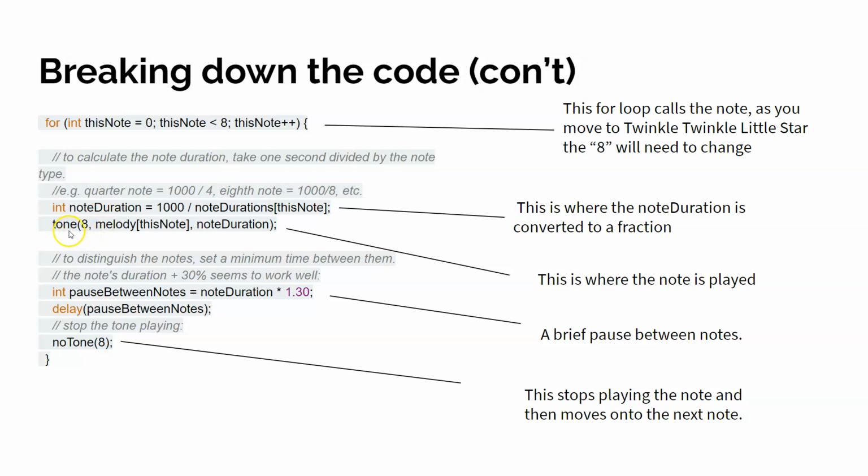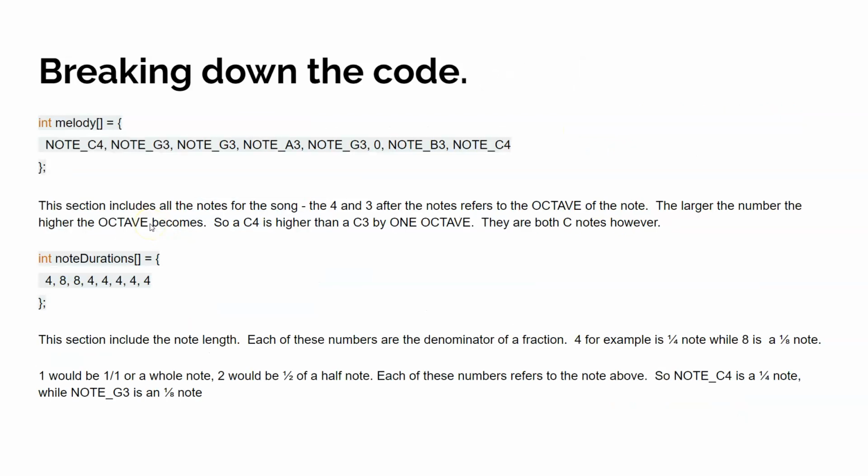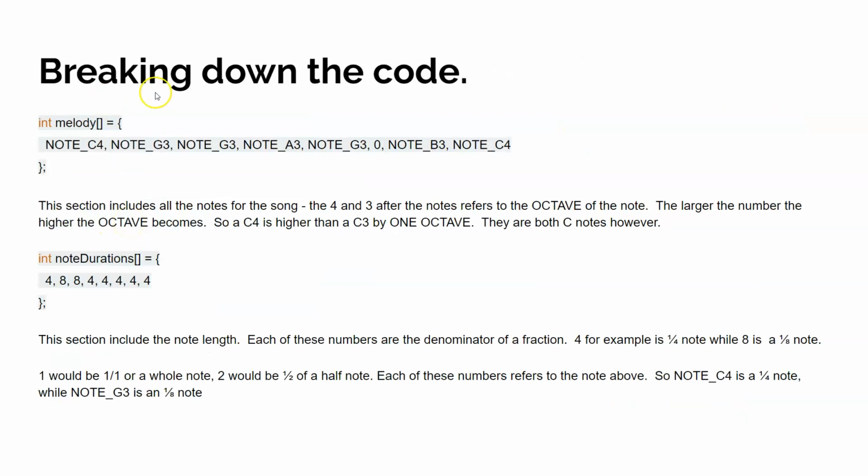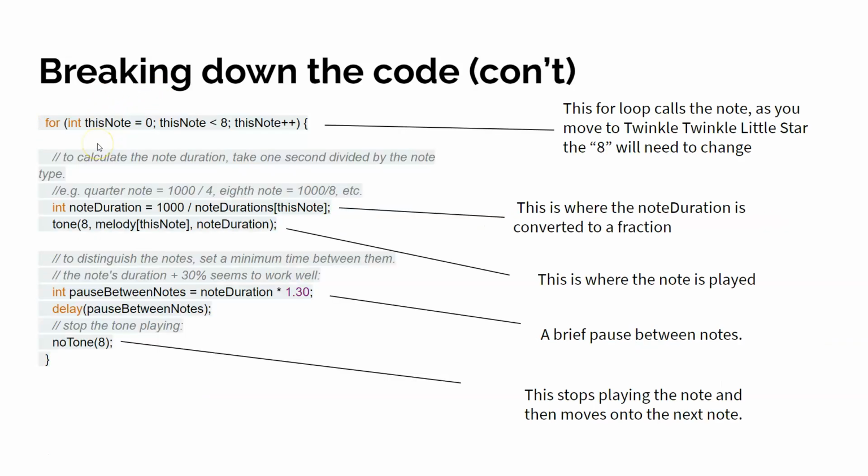So then again, we go into our tone function, which has 3 parameters. The first one is the pin. The second one is what note we're going to play. So melody, this note is going to go back to the melody string, and it's going to reference what number this note is. Okay, so it's going to say melody 0 to start with, which would be C4.